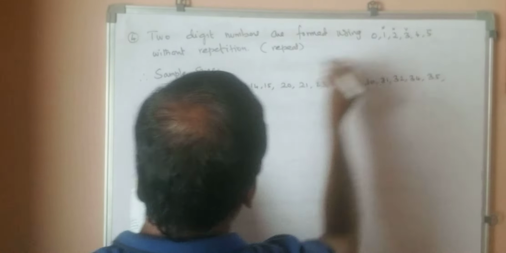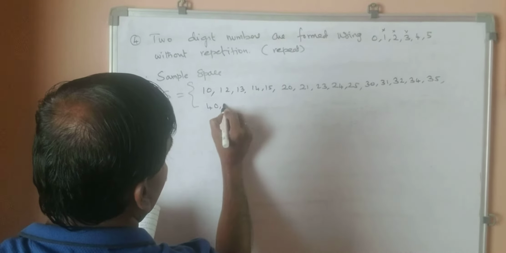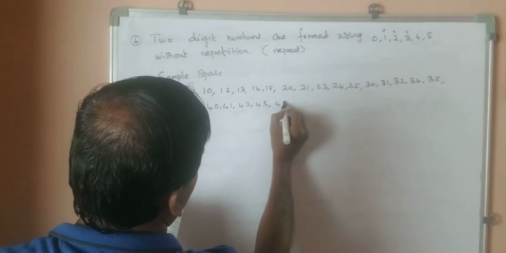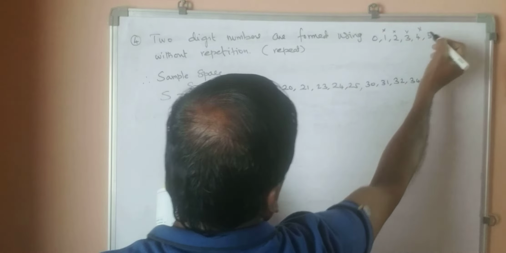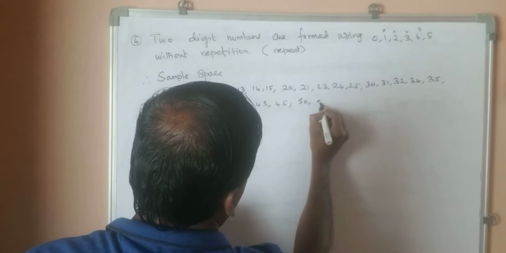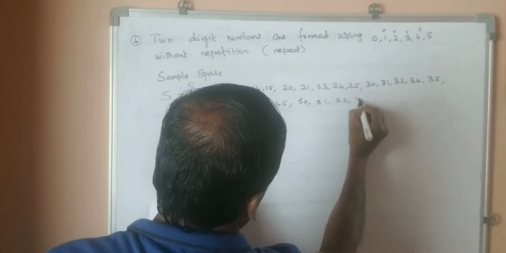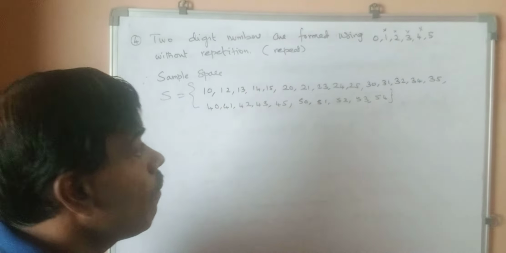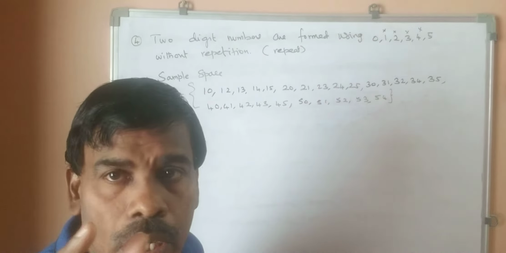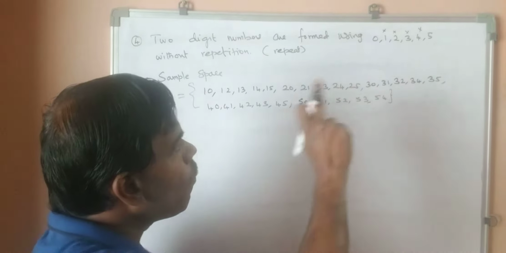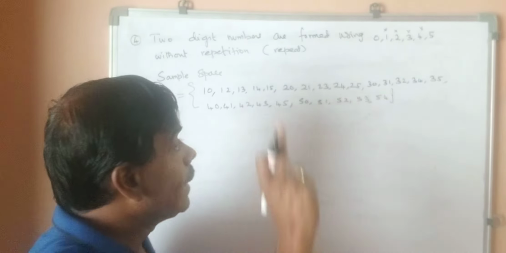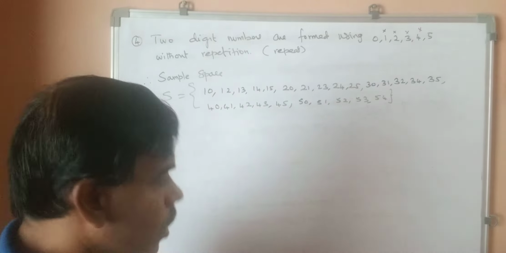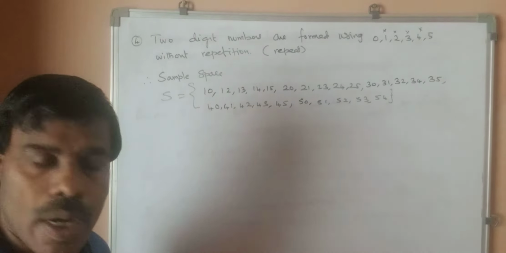Over. Now 4: 4, 0, 4, 1, 4, 2, 4, 3, 4, 5. Now 5: 5, 0, 5, 1, 5, 2, 5, 3, 5, 4. Here you see, 5, 5 is not allowed, 4, 4 is not allowed, 3, 3 is not allowed, 2, 2 is not allowed, 1, 1 is not allowed, because the numbers would be repeated. That is what you call without repetition.